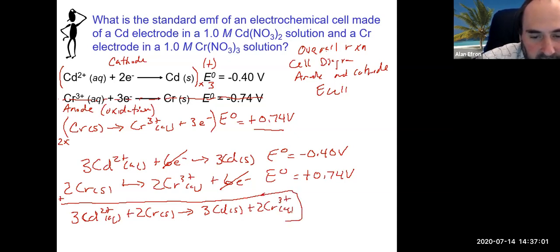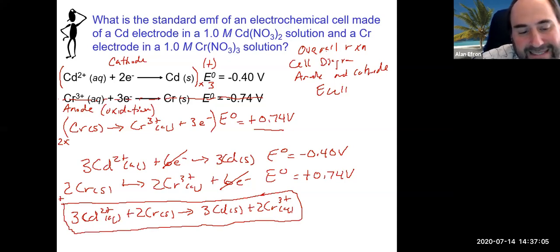So this right here would represent our balanced net ionic equation for what's happening here. 3 cadmiums on both sides, 2 chromiums on both sides. Overall charge on the left plus 6, overall charge on the right plus 6. This would technically be the balanced net ionic equation. Any questions on that so far?